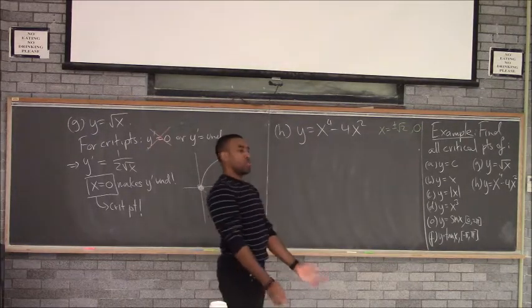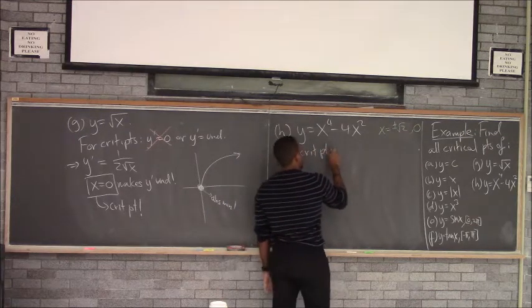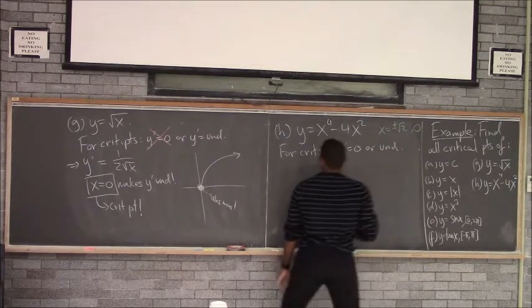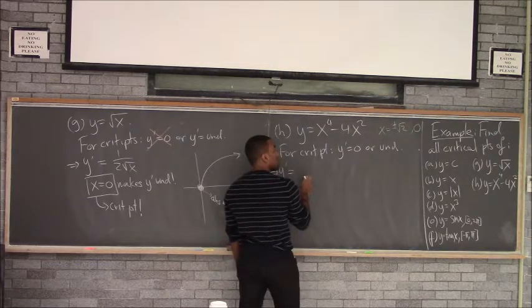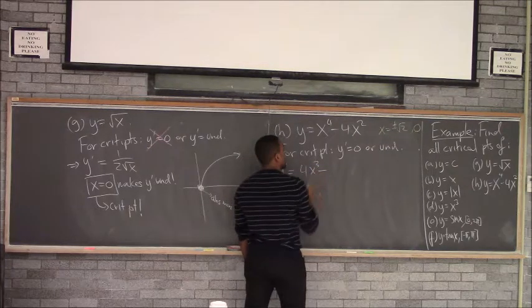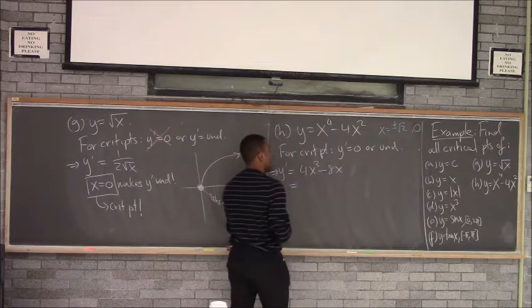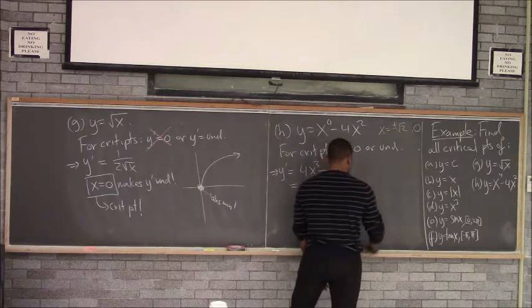How do you find critical points? Y prime here, 3 minus 8. Okay? So it's never undefined, that's a polynomial, so I don't have to worry about this.